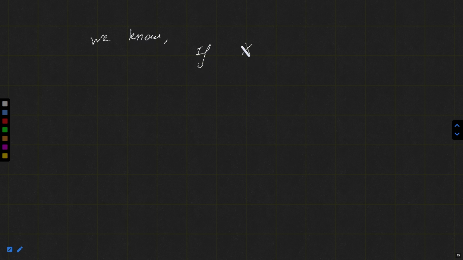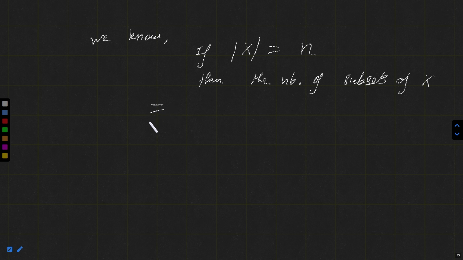We know that if the number of elements in the set X is equal to n, then the number of subsets of X will be 2 power n.